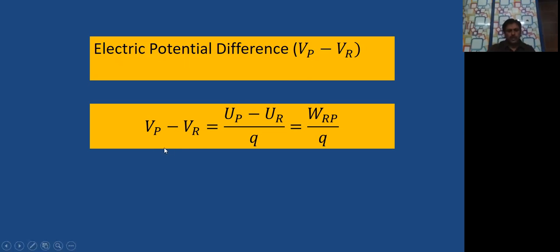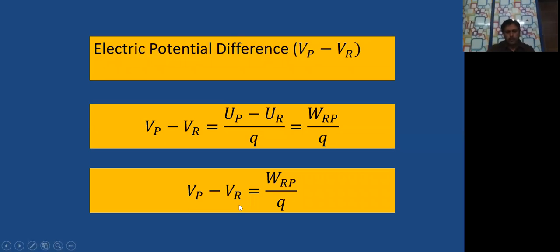So see carefully children, Vp minus Vr is what? Potential difference. This potential difference, how must you calculate? The difference in the potential energy, Up minus Ur, by charge Q. And already you have seen that Up minus Ur is equal to WRP. So substituting that value, I get WRP by Q. So it is the work done in moving the charge from R to P, by charge Q. Okay.